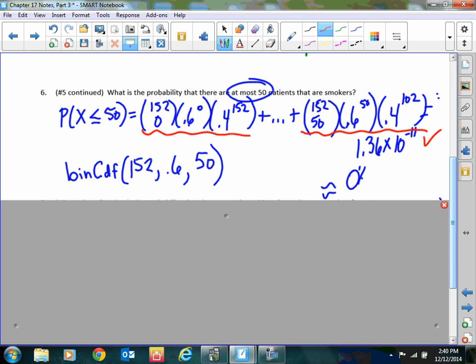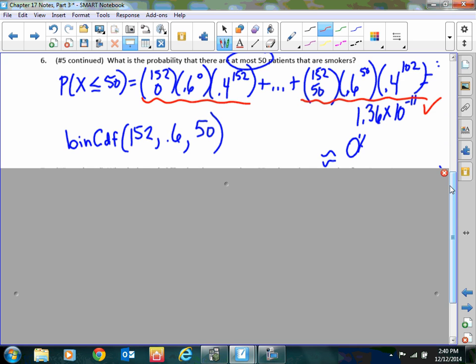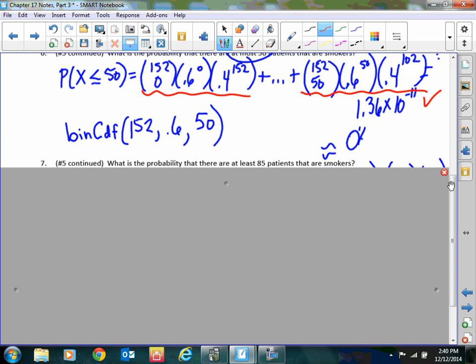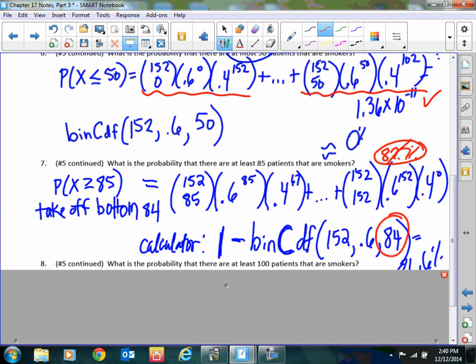All right, the next one was at least 85 patients are smokers. And this one, if you got the answer 82.7, then you made an error, a slight error. Okay, so 82.7% on this is an error. If you did that, then when you computed, you put this number in as 85.